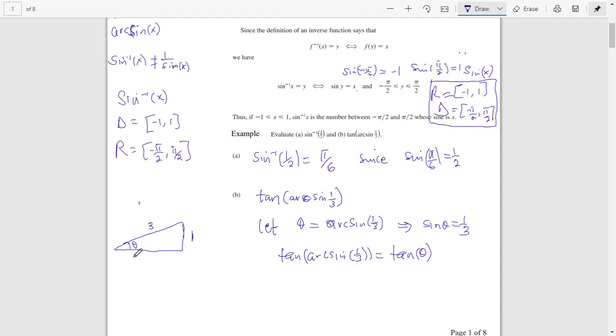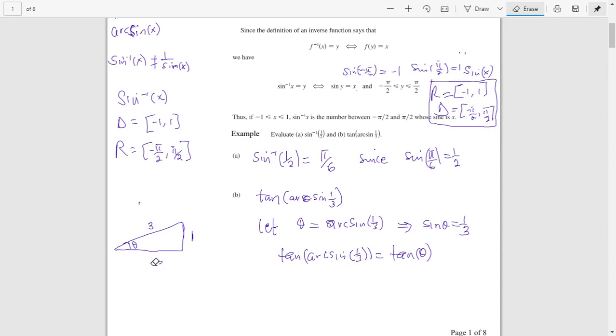Pythagoras rule tells me that this side would be the square root of 3 squared minus 1 squared. That's 9 minus 1, that's square root of 8. And square root of 8 is the same as 2 square root of 2. So this third side here is going to be 2 root 2, and I got this by Pythagoras rule.